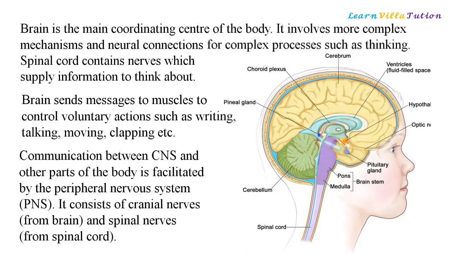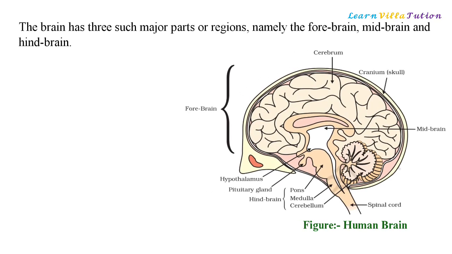It consists of cranial nerves, from the brain, and spinal nerves, from the spinal cord. The brain has three major parts or regions, namely the forebrain, midbrain, and hindbrain.